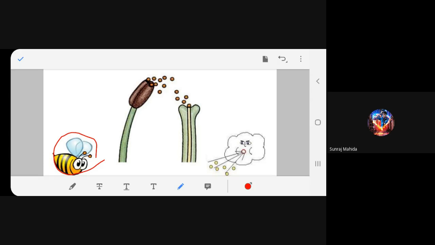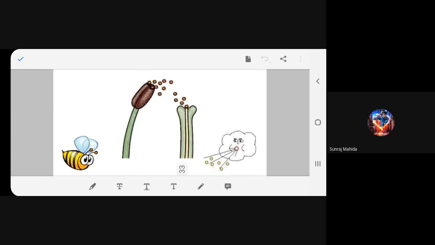It will come onto this flower, and the pollen will stick on the wings of the bee. It will come to the pistil or the carpel, and this will deposit on the stigma. This is the stigma, and the pollination takes place.